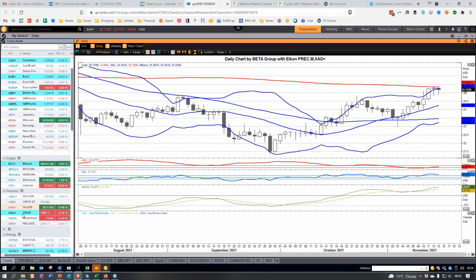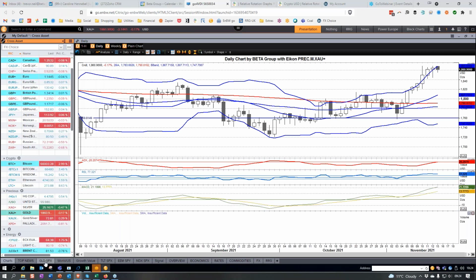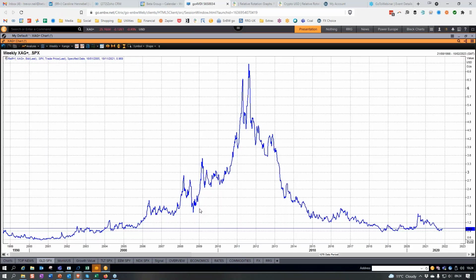Before I leave the precious metals, just going back to gold, I want to make a strong point here. Gold versus the S&P. This is simply the price of gold divided by the S&P. And here we are right down here. Just make sure I got this.